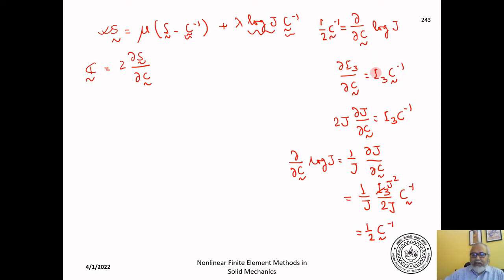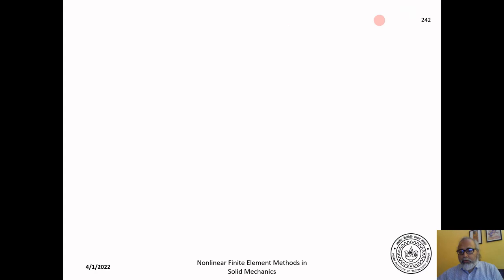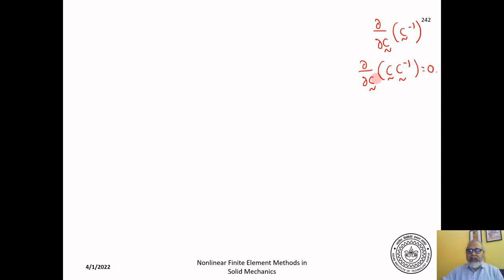Let us now look at the other quantity, which is del C of C inverse. Now we want to look at del C of C inverse. And to do that, we start from the fact that del C of the identity is equal to 0. So we start from this identity. So we can write del C PQ times C IK C inverse Kj is equal to 0.